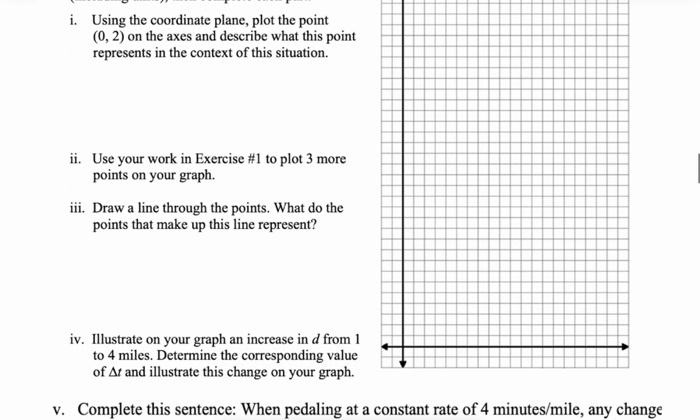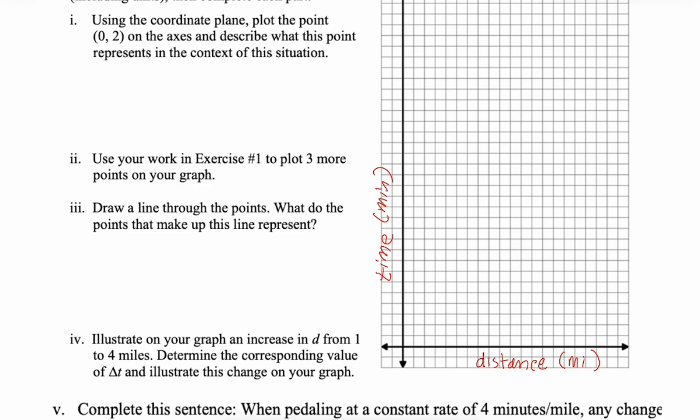So they want to put distance here. They want to put time here. So this is going to be minutes, and this is going to be miles. Now, let's think for just a minute of some information that we know, okay?